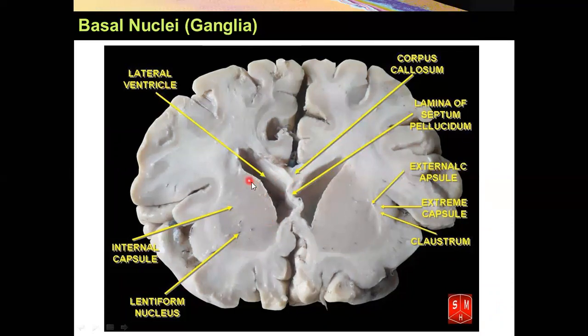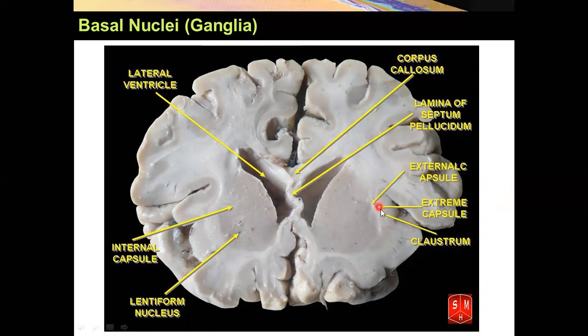We see the internal capsule, the lentiform nucleus, again the lentiform nucleus. Just outside the lentiform nucleus, this white area is the external capsule. Outside the external capsule, there is a gray area here, which is the claustrum.